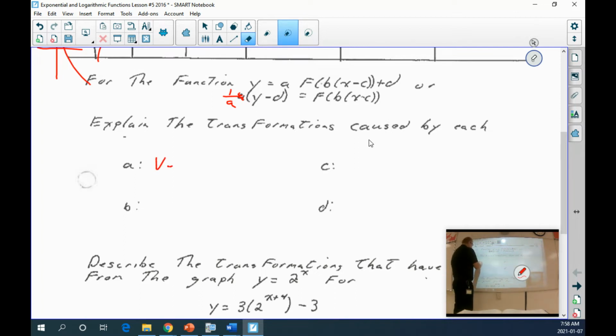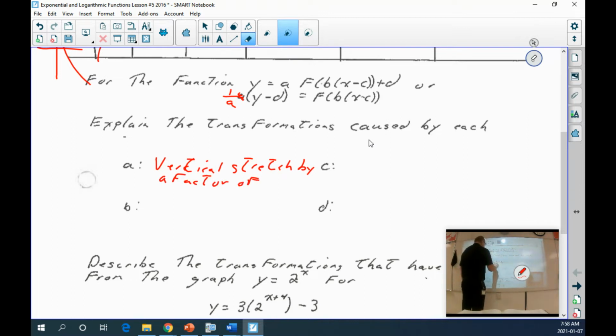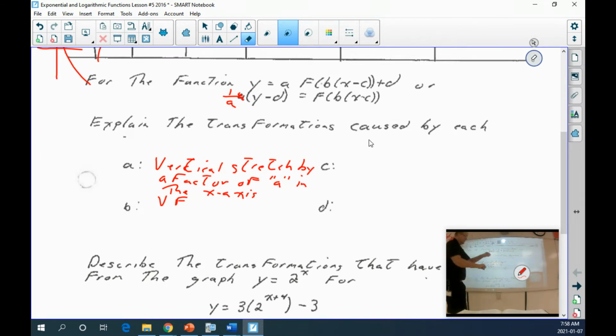We have a vertical stretch by a factor of a, in the x-axis, and we also have a vertical flip. So we are either stretching it this way or we are flipping it that way.